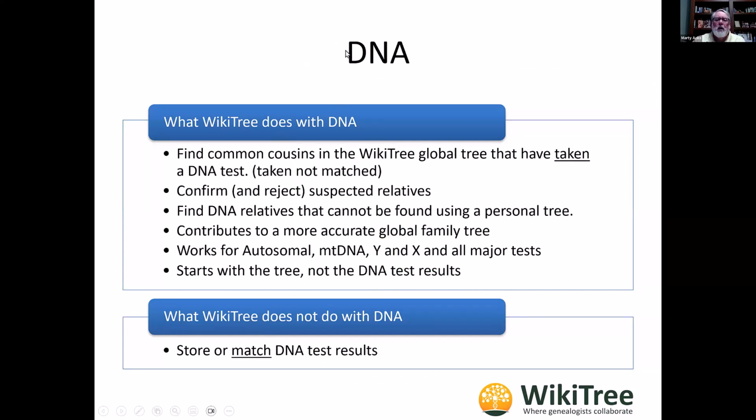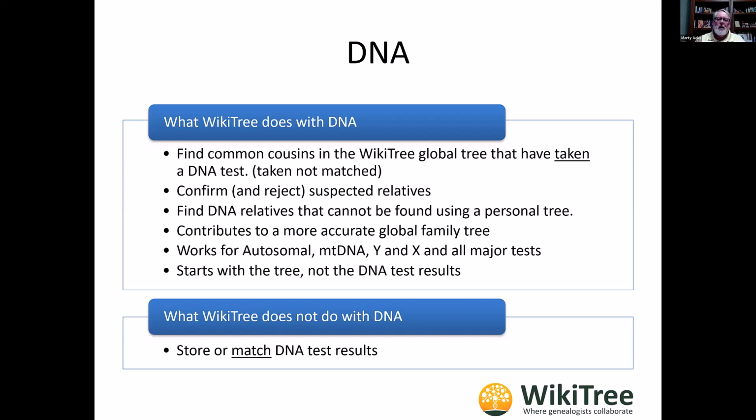Another aspect of WikiTree is it does involve the use of DNA, but in a way that's a little more subtle. On my profile, I can put what DNA tests I've taken, and my cousins can also put that on there. WikiTree will roll up all those DNA connections on the tree.